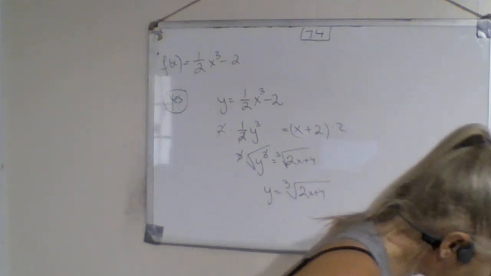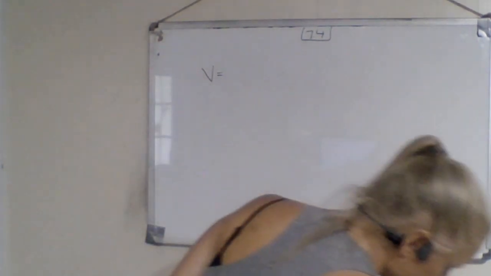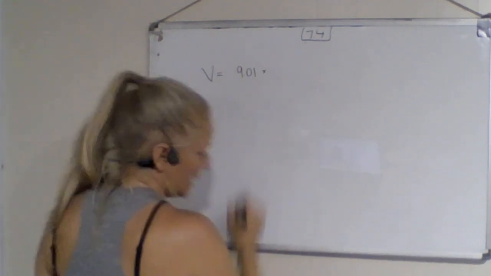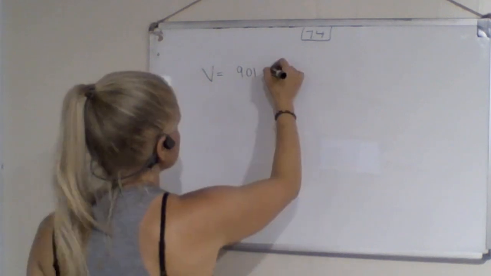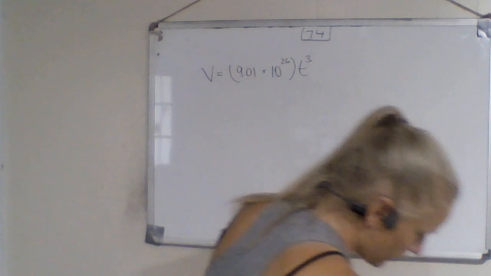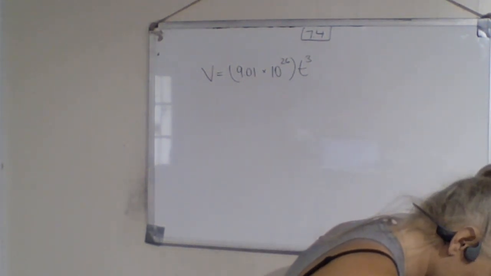Example 6, and the last thing in this little lesson, is a word problem that gives us a formula for the volume of a planetary nebula: V equals 9.01 times 10 to the 26 times t to the third, where t stands for the age in years of the nebula.